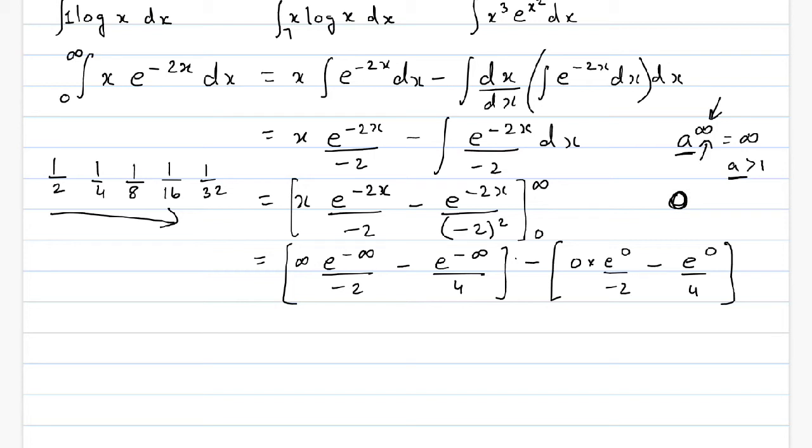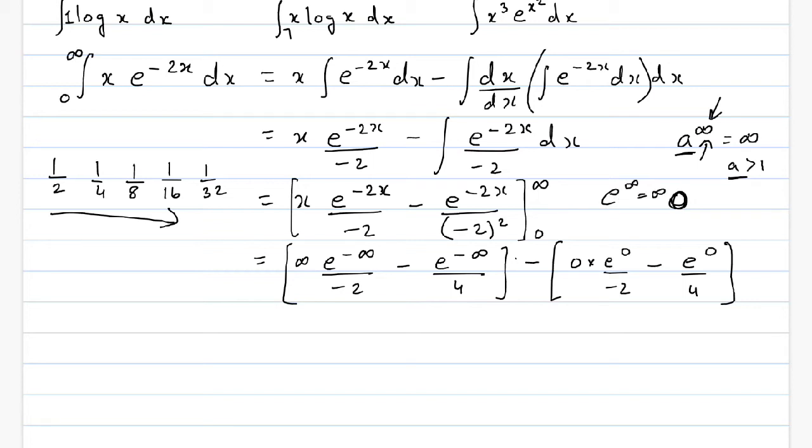So a raised to infinity is equal to 0 if a is less than 1. Now e is actually more than 1, so e raised to infinity is going to be equal to infinity.